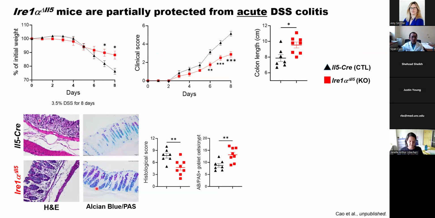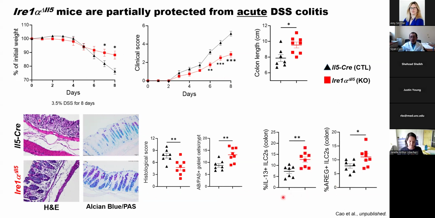The knockout mice also had more goblet cells at the end of the DSS challenge, and flow cytometry showed that the ILC2s from the knockout mice express higher levels of IL-13 and AREG. This is consistent with prior findings that IL-13 and AREG are protective against acute DSS colitis by inducing goblet cell hyperplasia in the colon.